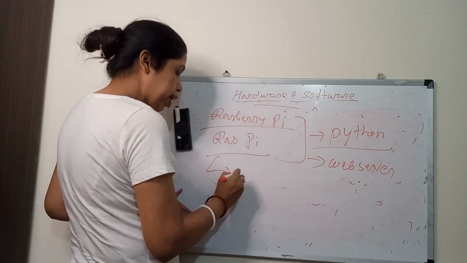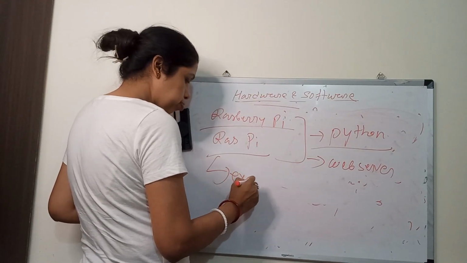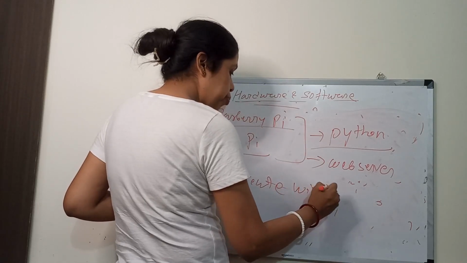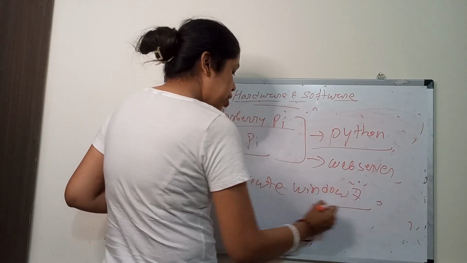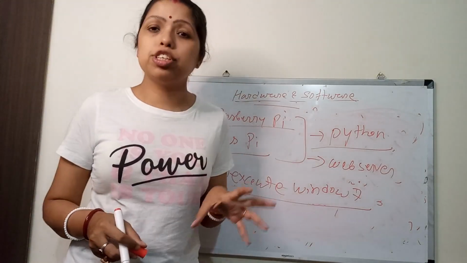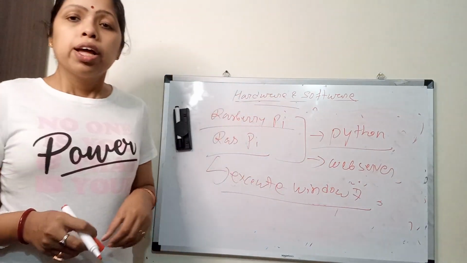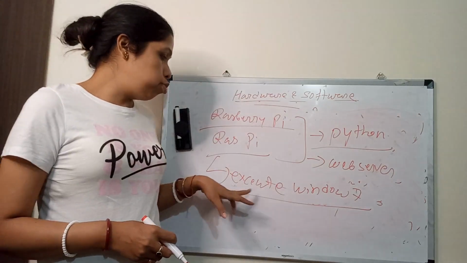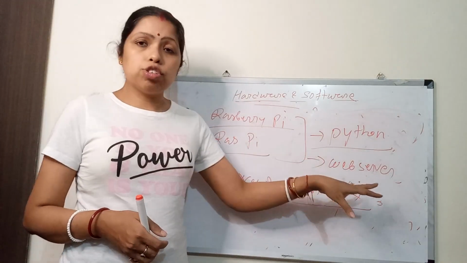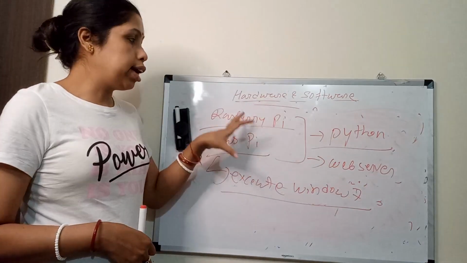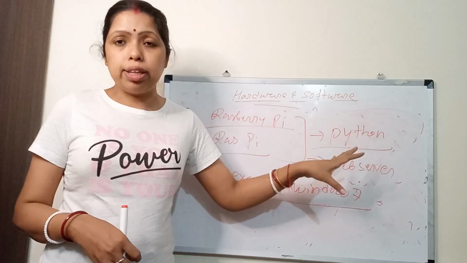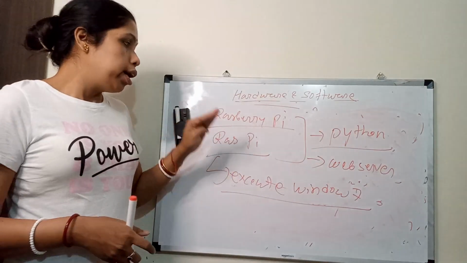It can also execute Windows 7. Windows 7 can easily run inside the Raspberry Pi, because it has high processing power and processing memory. And it can also incorporate a web server, and it has the capability to write code using Python. This is about the Raspberry Pi.